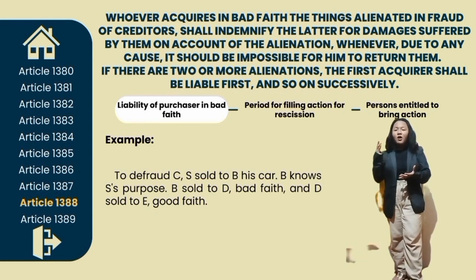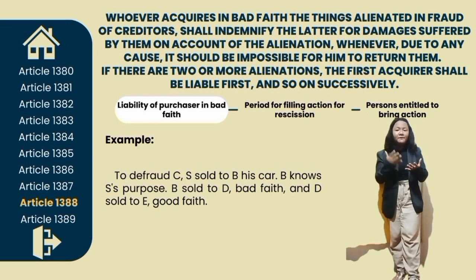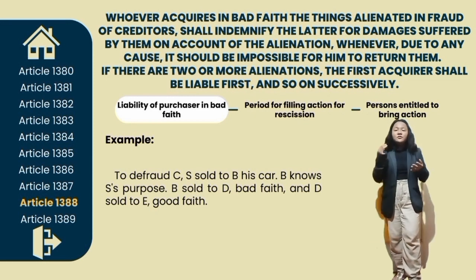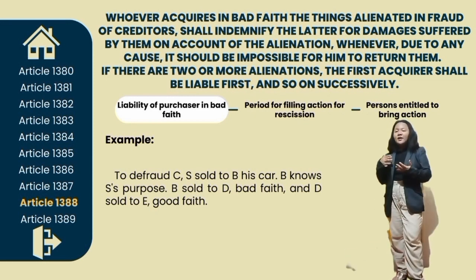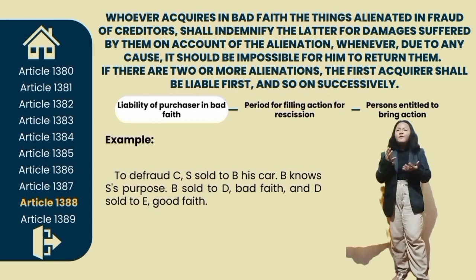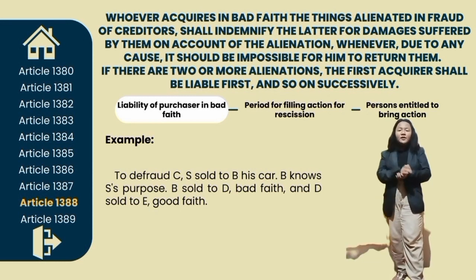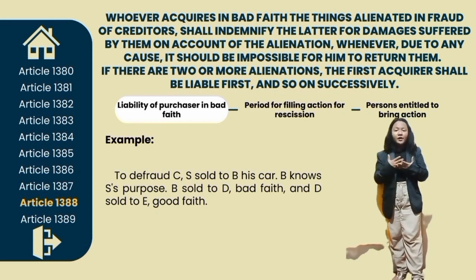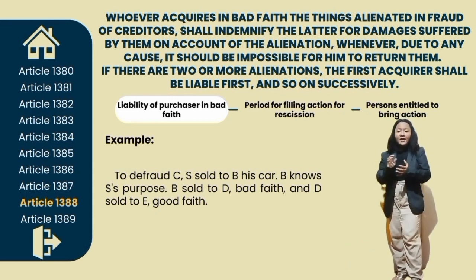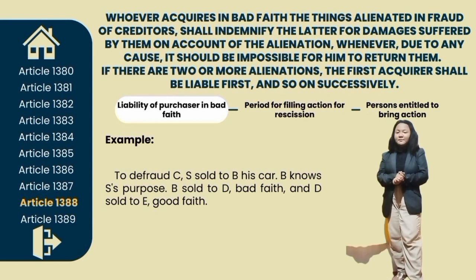B sold the car to D, who acted in bad faith, and D sold the car to E, who acted in good faith. We can identify here the alienations in this example. So, as per the definition, the first acquirer, which is B, should be liable first, and so on successively.